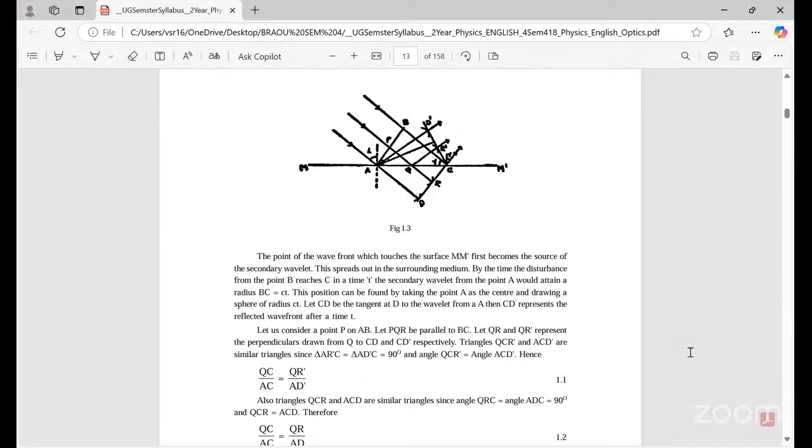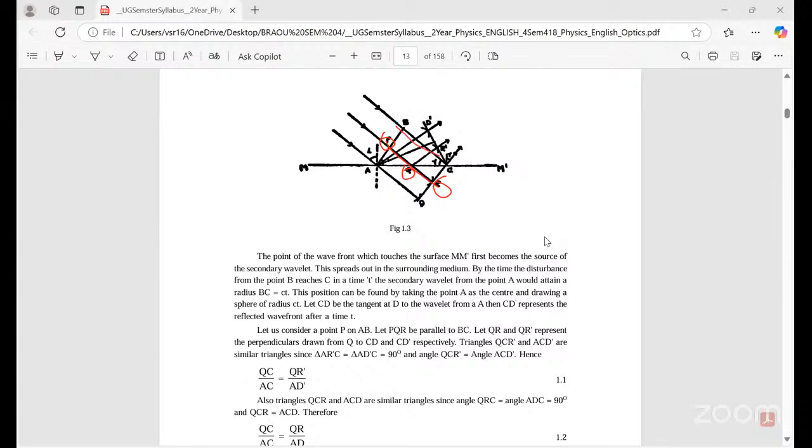By considering a point P on AB, let PQR be parallel to BC.